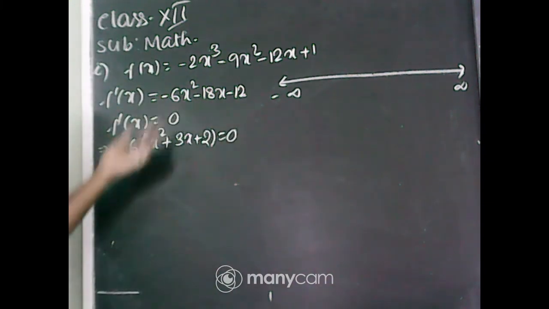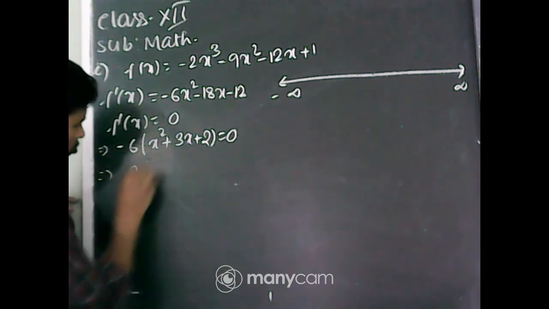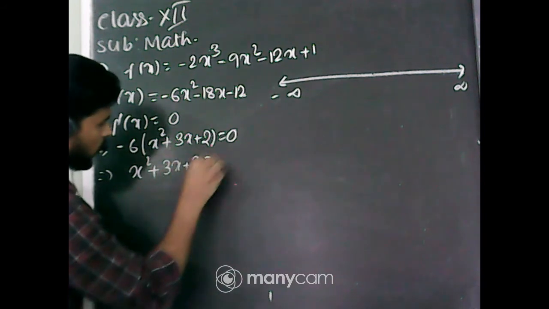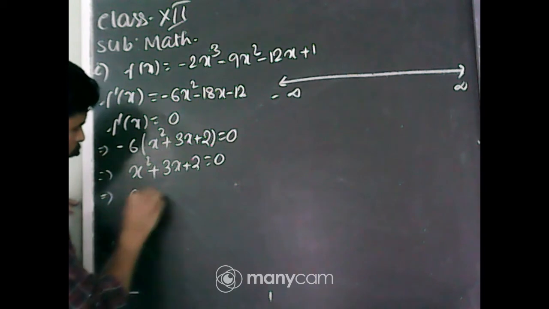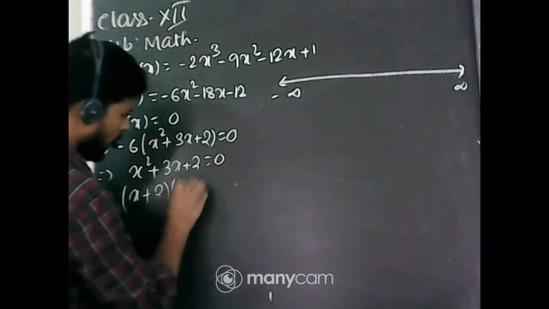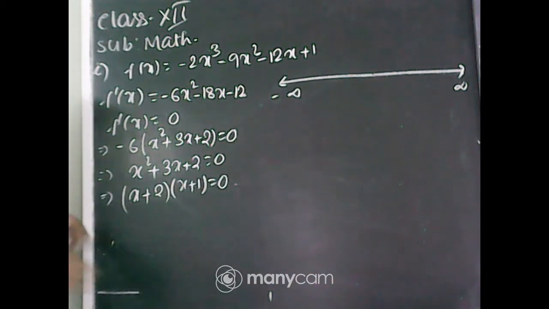Okay, taking minus 6 common from these three terms, so that is equal to x square plus 3x plus 2 is equal to 0. Now factorize this. So if I factorize this, it will be x plus 2 into x plus 1 is equal to 0. So from here we have two critical points.